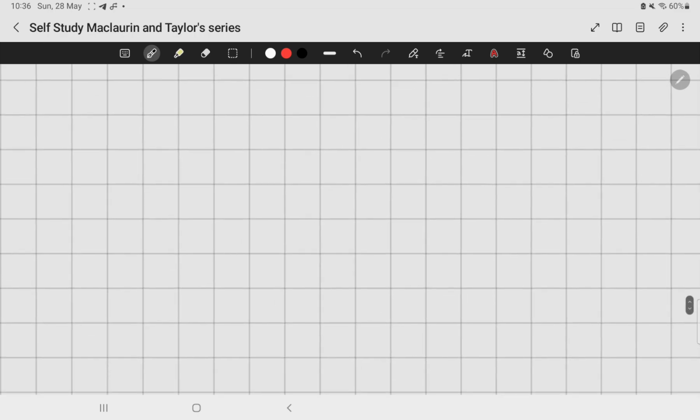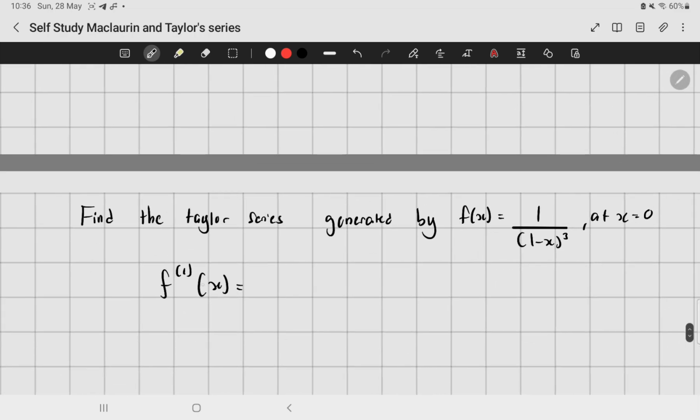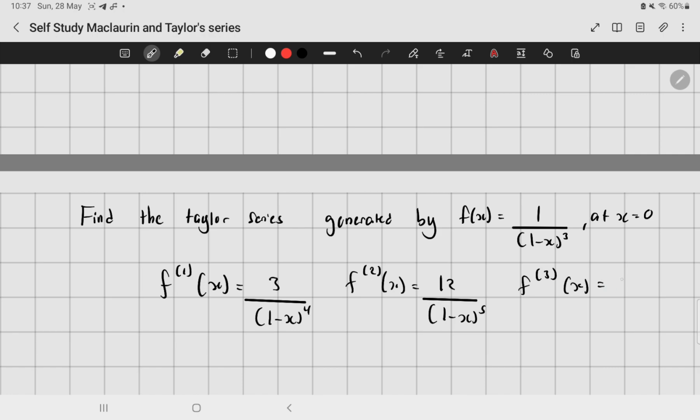So the first derivative of this function is 3 over (1 minus x) to the power of 4. The second derivative would be 12 over (1 minus x) to the power of 5. And the third is f triple prime of x equal to 60 over (1 minus x) to the power of 6. Alright, so far so good.